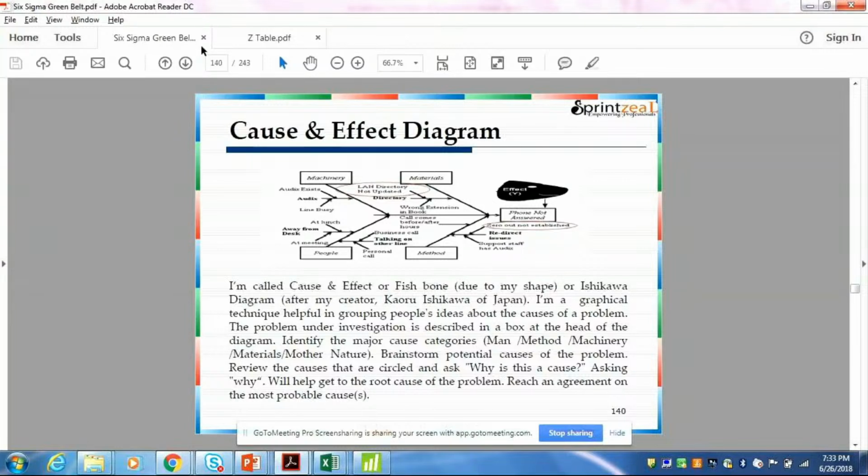People use their own categories. I'm not able to recall. I'll tell you if it comes to my mind. Because here as well, they've only mentioned 5: man, method, machinery, material, Mother Nature. So there are 6 M's. I will tell you the 6th if I'm able to recall it.